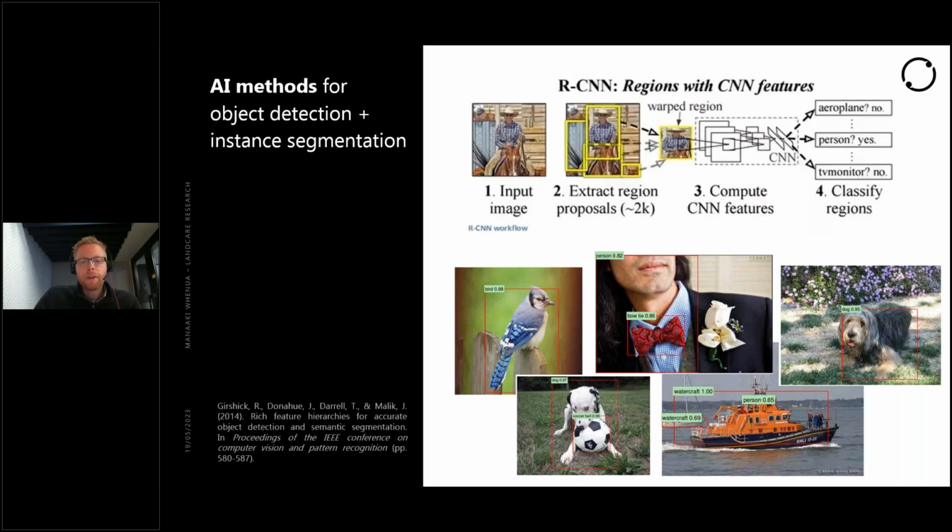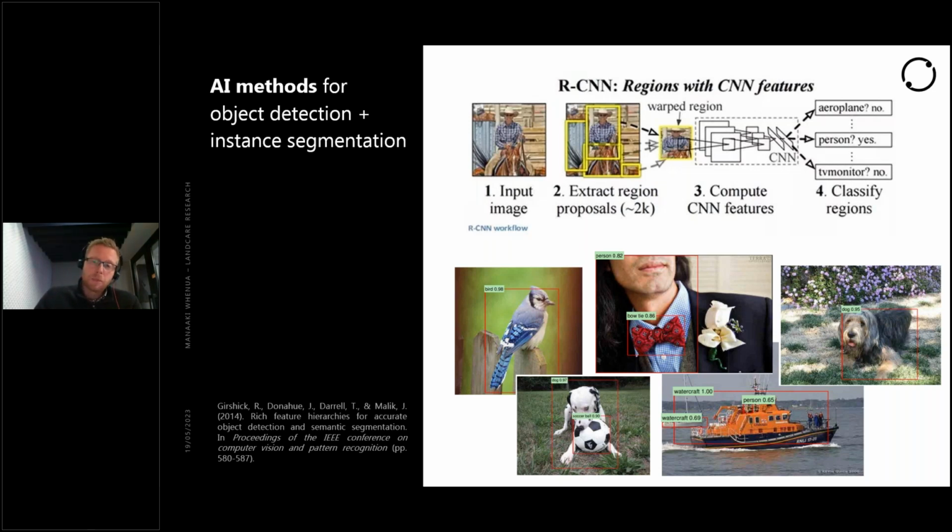So a very popular method was proposed in 2014, which is called a region-based convolutional neural network. And what it essentially does, it extracts region proposals from a given image for the type of objects that it was trained on, and it is able to classify those regions and attach those certainty scores to it.